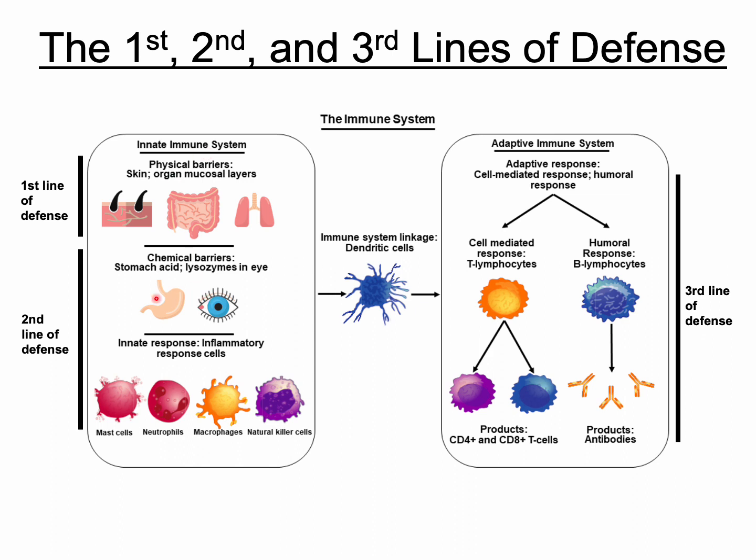We're going to see in the next few slides that the first line of defense is our physical barriers, and the second line of defense is the chemical barriers and some inflammatory responses with certain cell types. But again, the innate immune system is all non-specific. And then the adaptive immune system is our third line of defense. This is where it gets to immune system specificity and creating an immune memory for future pathogens.